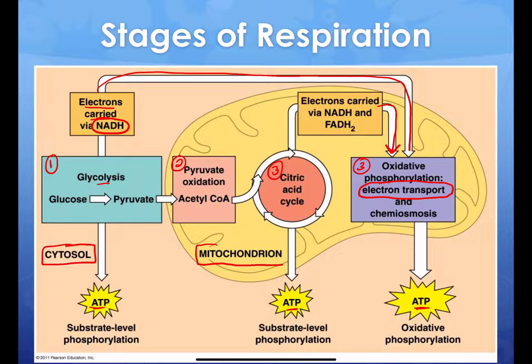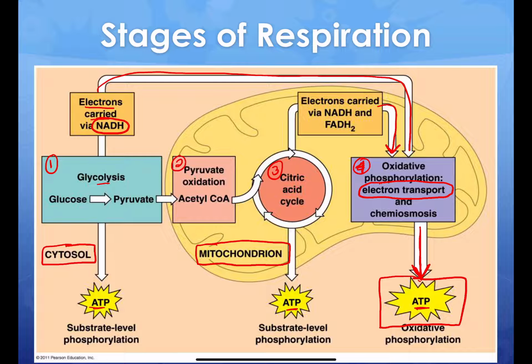You may have also noticed that this ATP looks bigger because this 4th step, as we mentioned yesterday, the electron transport chain, is where the majority of the ATP comes from.